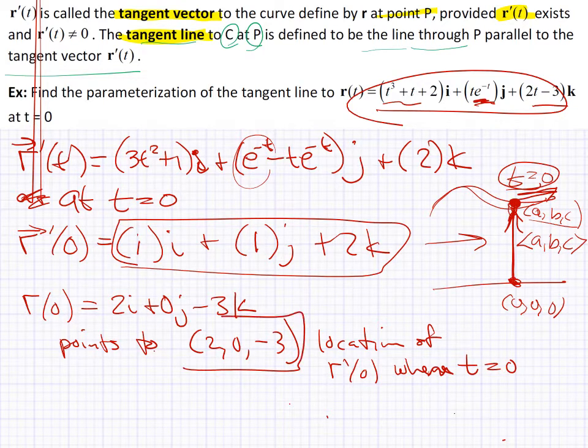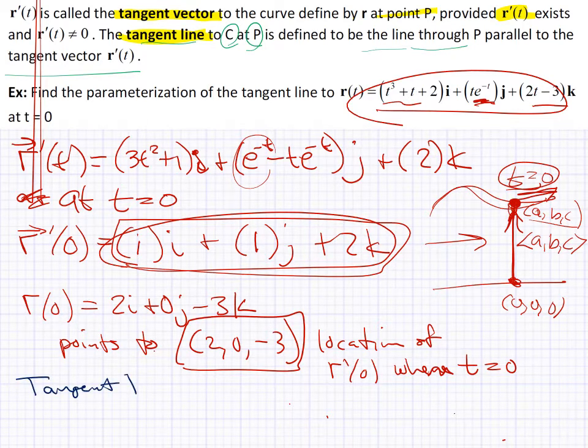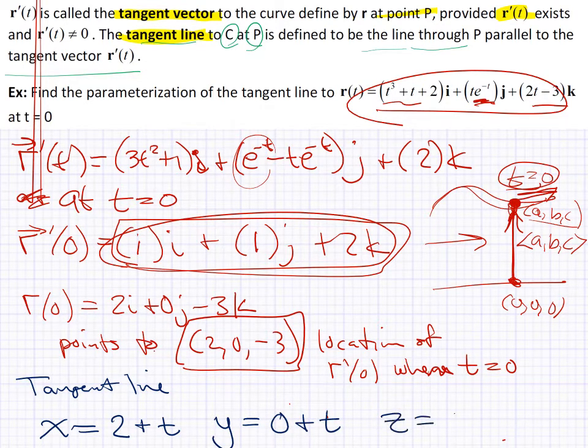So now we have our point and we have our vector, and using those two things we can do the parametrization, which would simply be the tangent line: x equals x1, which would be 2, plus at, so plus 1t; y equals 0 plus 1t, that would be bt; and z equals negative 3 plus 2t.